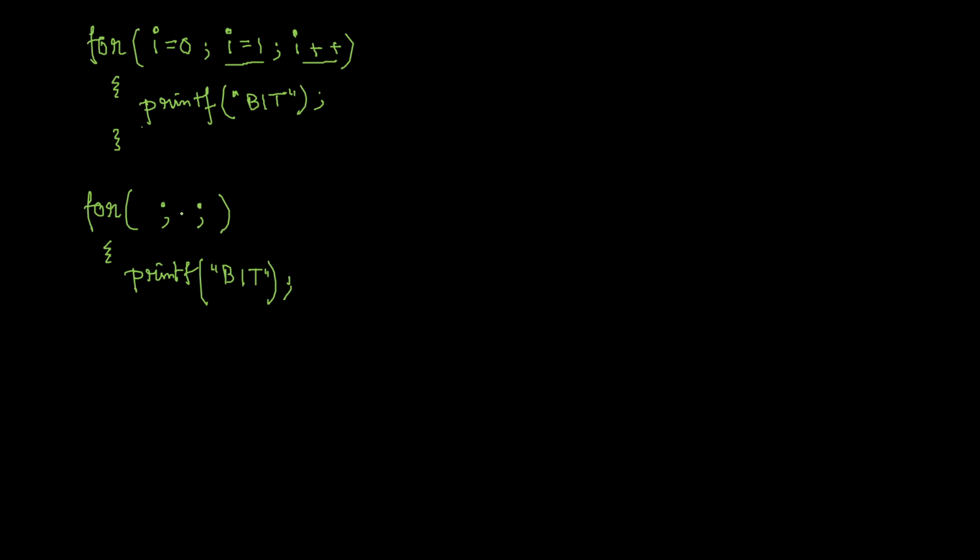And if there is no gate, that means the entry point is always open. And now if the entry point is always open, that means surely this printf statement will execute infinite times. That means this is another approach for writing an infinite loop.